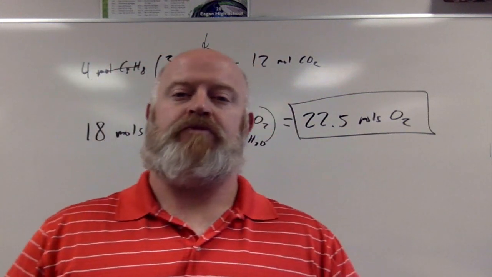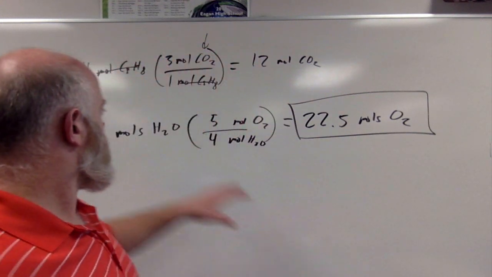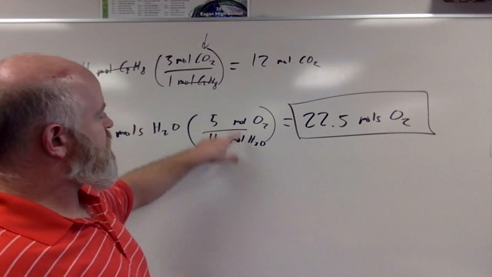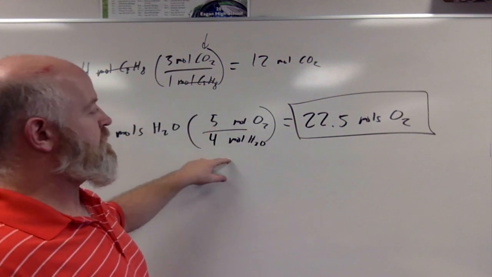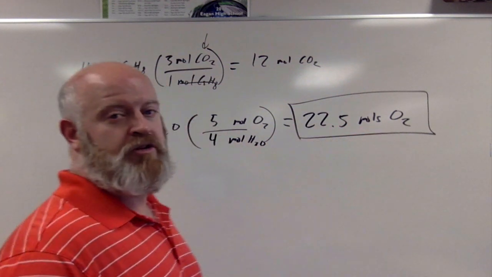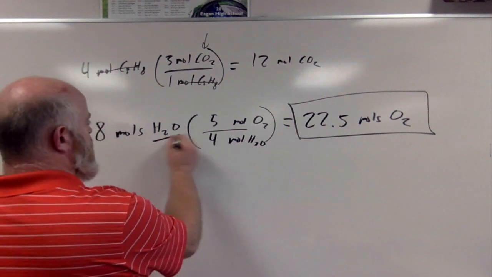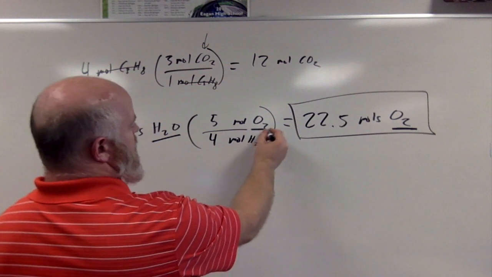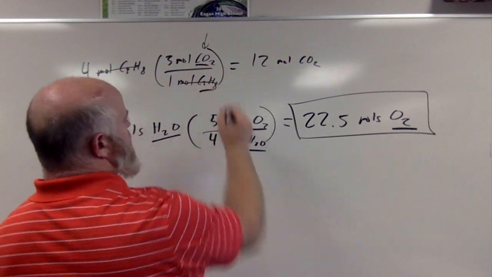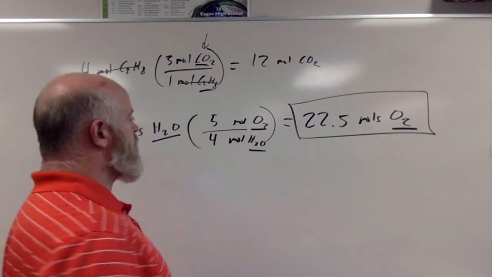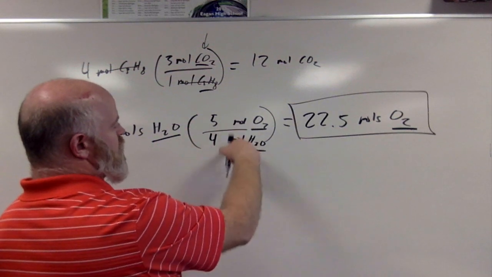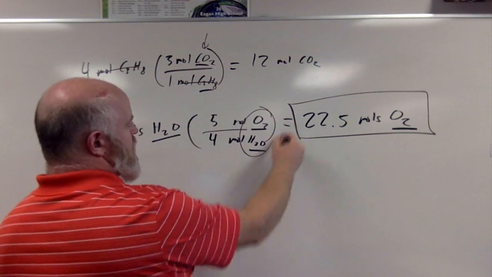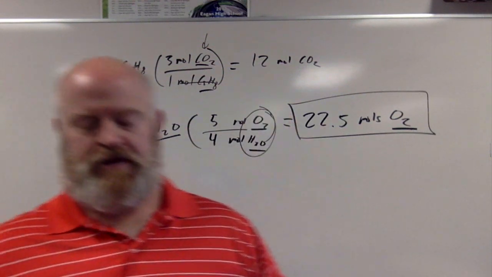So we're able to take one substance, because of an equality within a balanced chemical equation, and convert to another substance. The key for this reaction is we're converting from water to oxygen. And that's why you notice in my labels, I'm actually putting the compound inside the dimensional analysis. Because moles is the same here, it's moles and moles. What's different is the substance in this step.